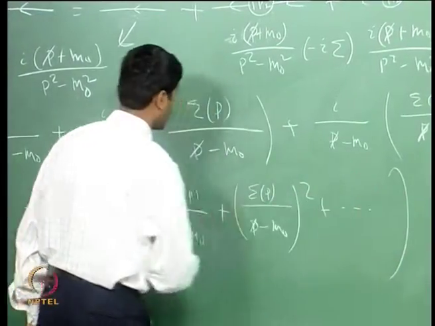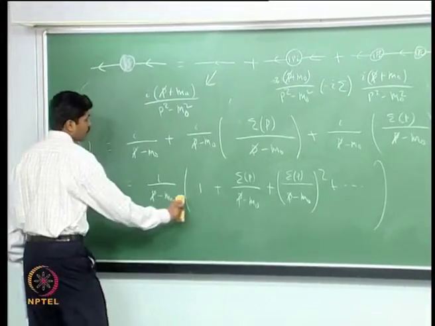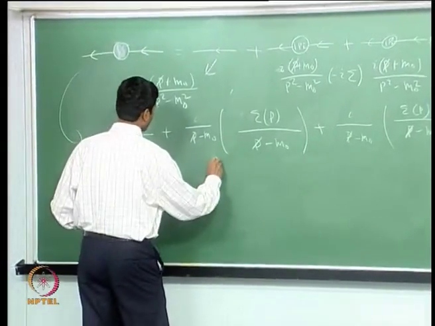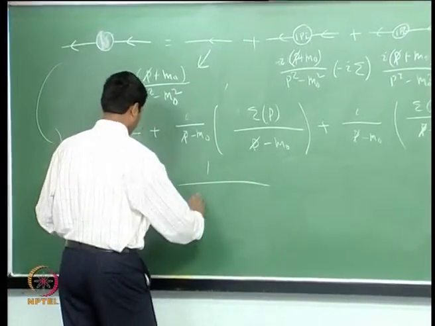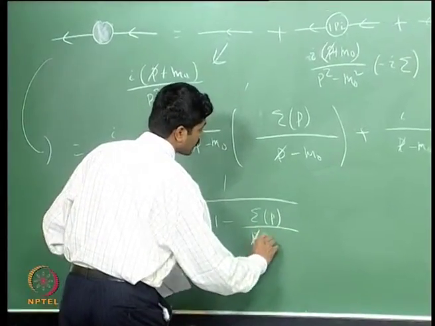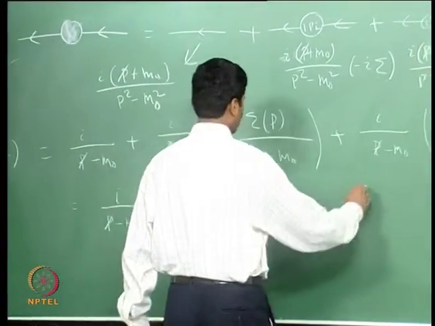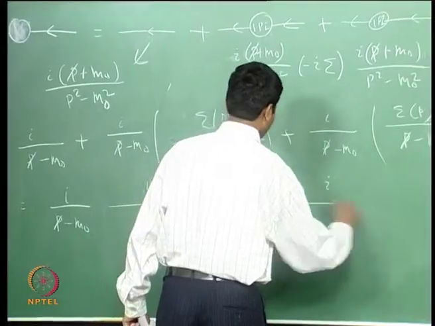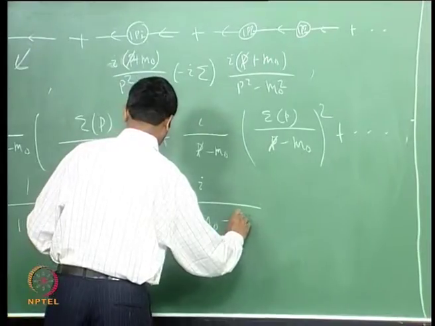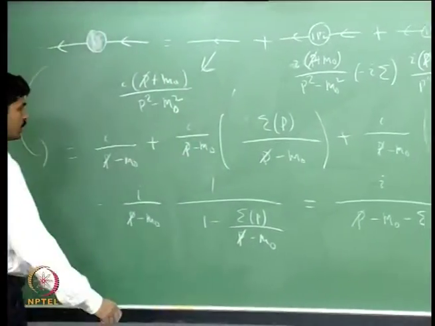You can see this is a geometric series, you can sum it up exactly, and when you do, at the end of the day what you get is this times 1 over 1 minus sigma of p divided by (p slash minus m0). So, you can take it inside the denominator and multiply, and what you have is simply 1 over (p slash minus m0 minus sigma of p slash). So, everything will involve p slash only. This is what you will get.